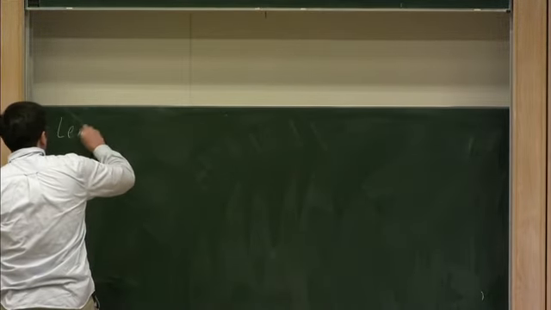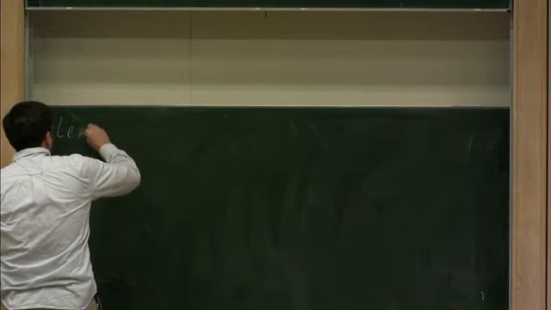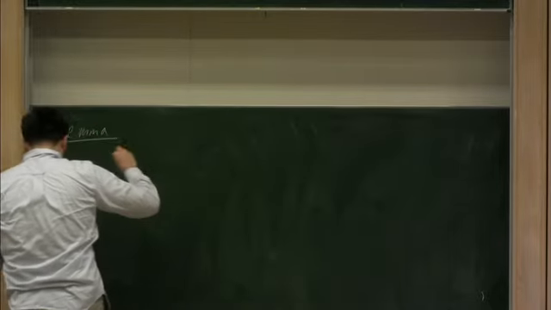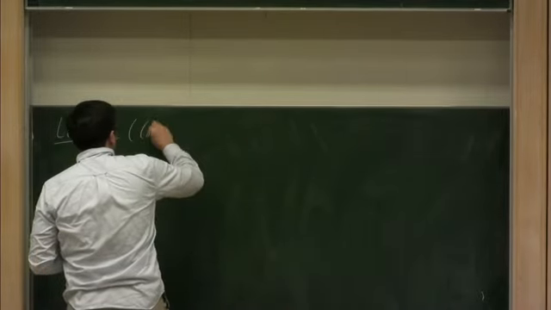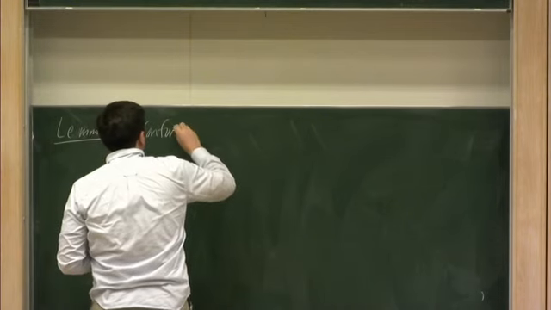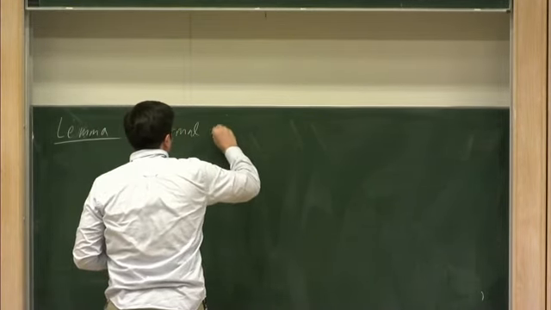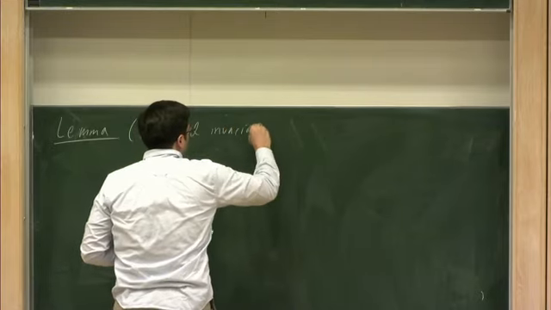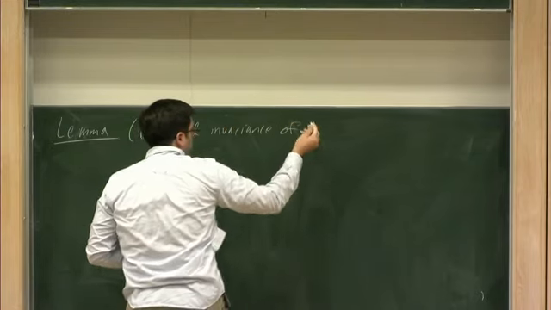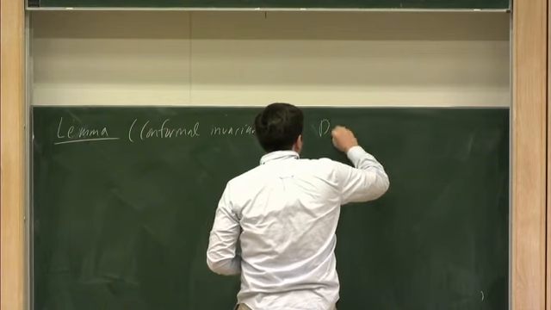So the main thing that gives you the conformal invariance of the Gaussian free field, the main input, is the conformal invariance of the Dirichlet inner product.